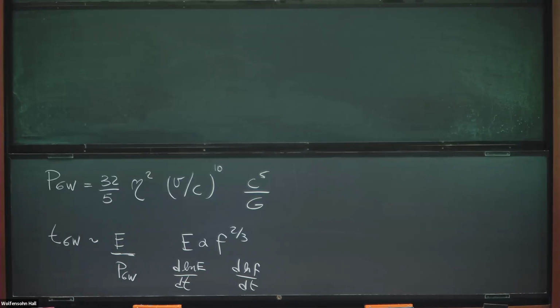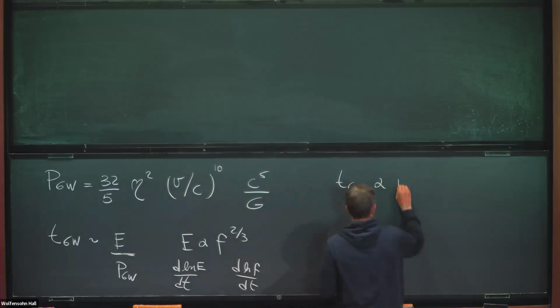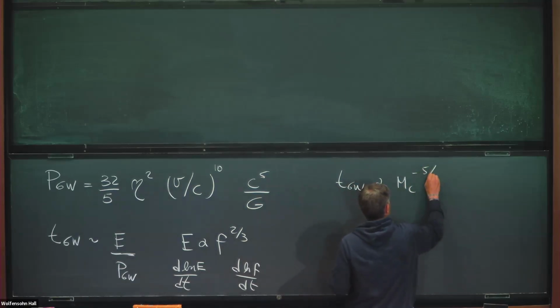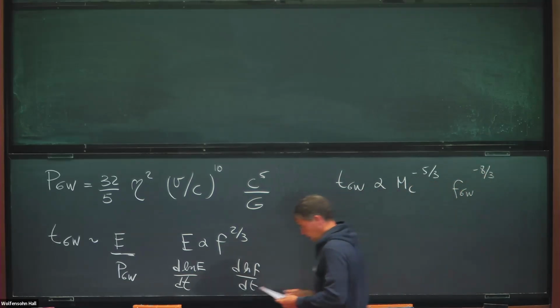Again, because both the energy and this can, if you think about their scaling with the mass, it is the chirp mass that is entering in this ratio. It's also the chirp mass that is entering, and so this time scale, if I drop all the constants, okay.